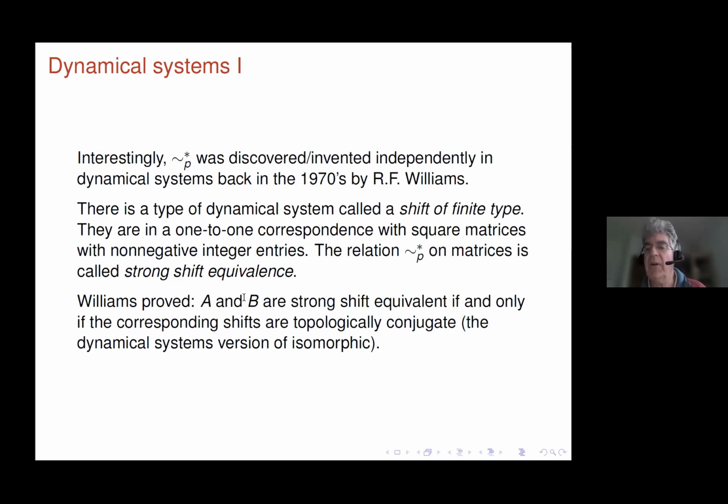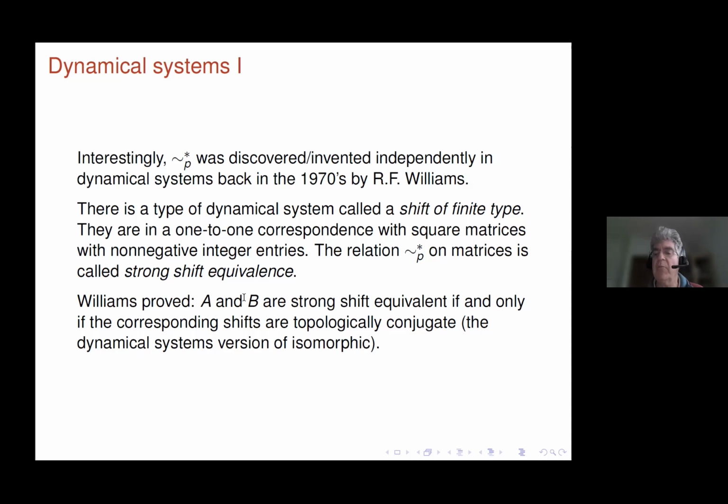Now I'd like to do a very interesting aside, which I only became aware of fairly recently. And that is that the whole idea behind primary conjugacy was independently discovered in the dynamical systems literature. I'm going to ignore some of the details here, not because I don't understand them, but because they would take too long to describe. But here's the idea. There's a type of dynamical system which is called a shift, or sometimes subshift, of finite type.